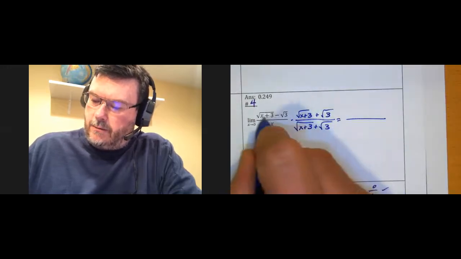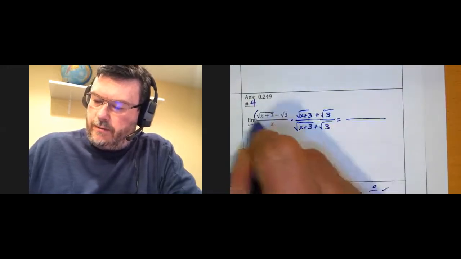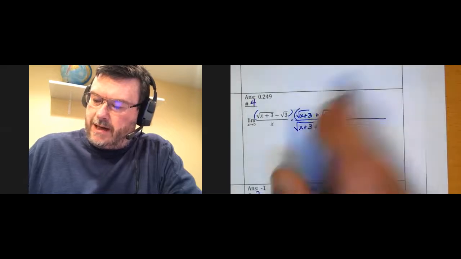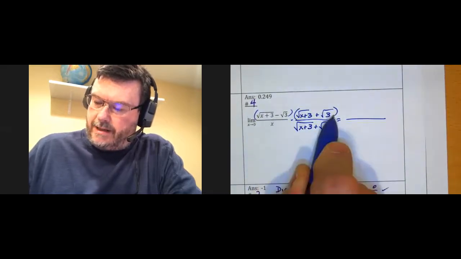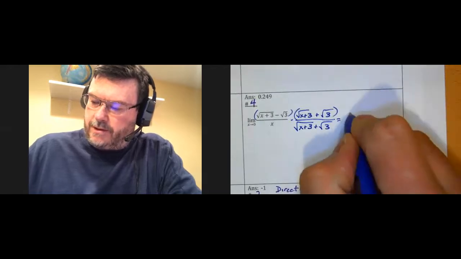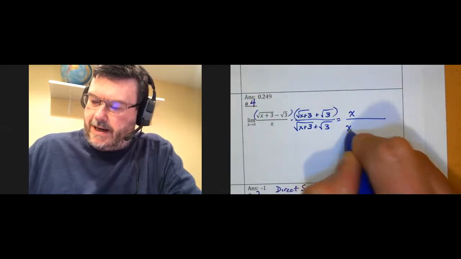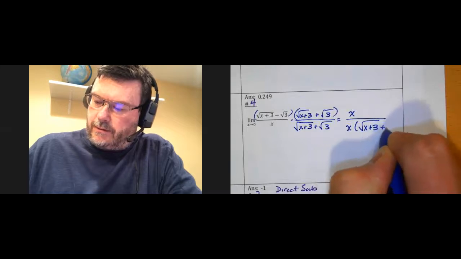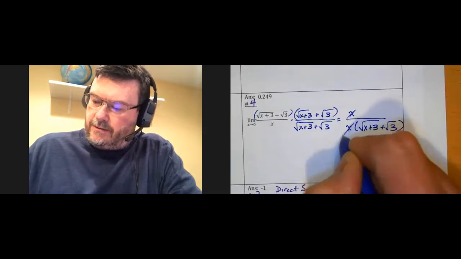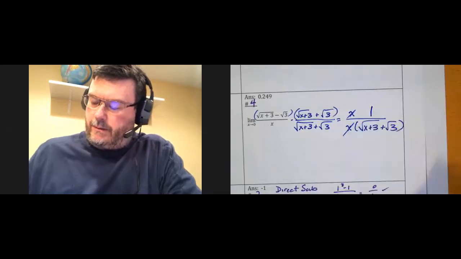So when we FOIL this top out, we're going to get x plus 3 minus 3, which is going to be x over x times the square root of x plus 3 plus the square root of 3. When we cancel this, we are left with a 1.